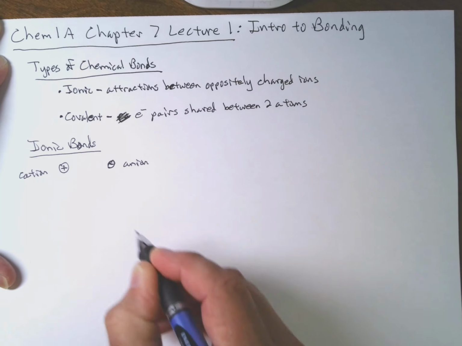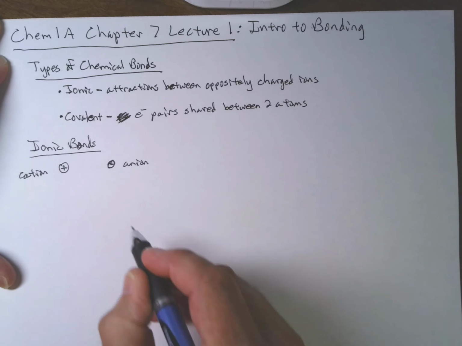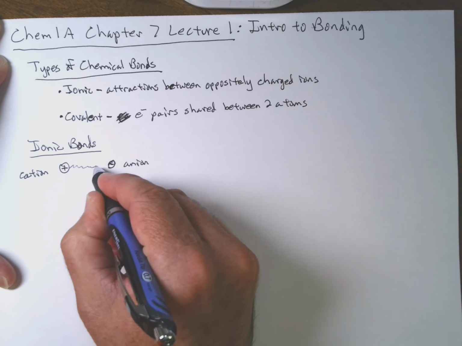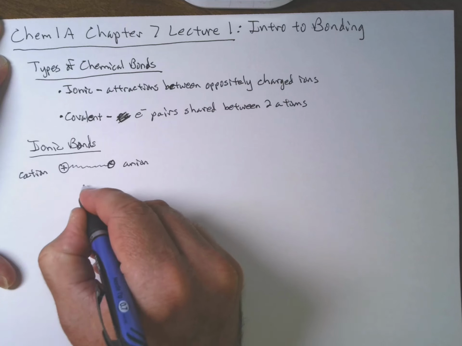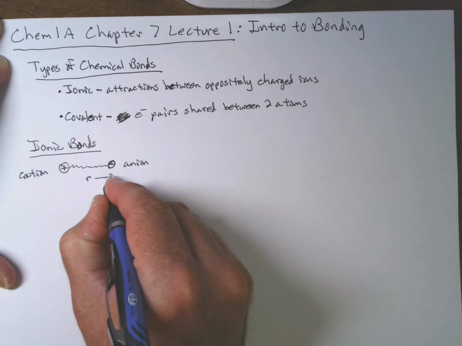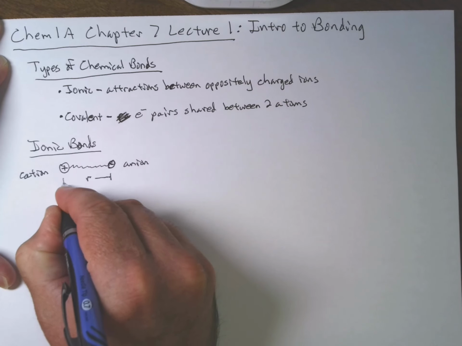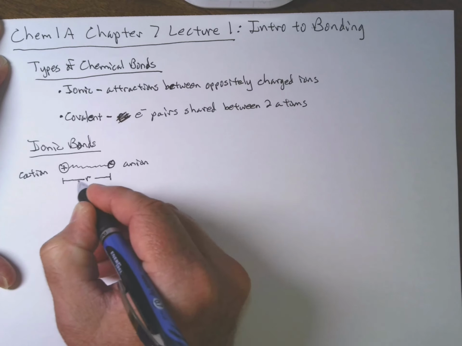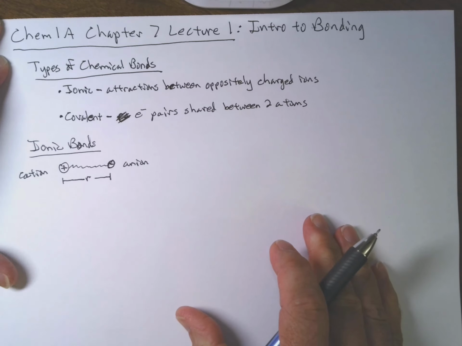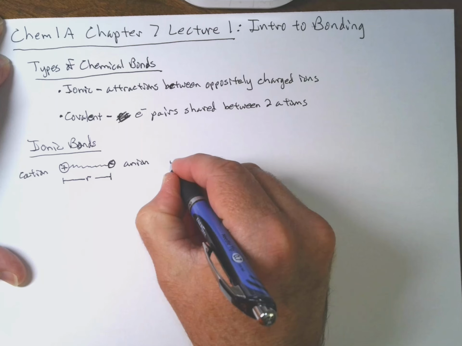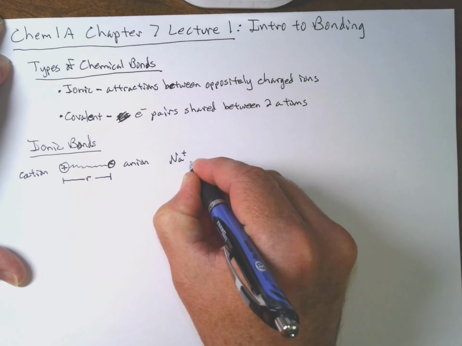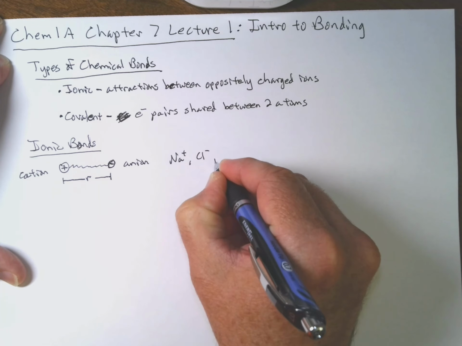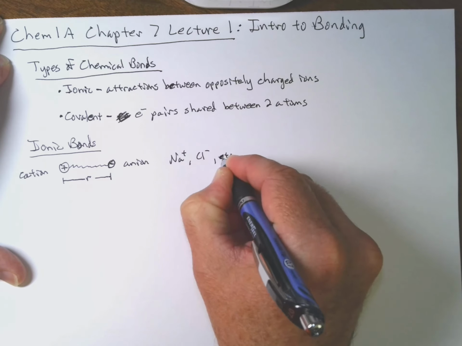So there's my positive cation, my negative anion. And then we've got some kind of bond, and then some distance in between them, which often we call a bond length, but that's more for covalent. So, these would be things like Na+ and Cl-, etc.